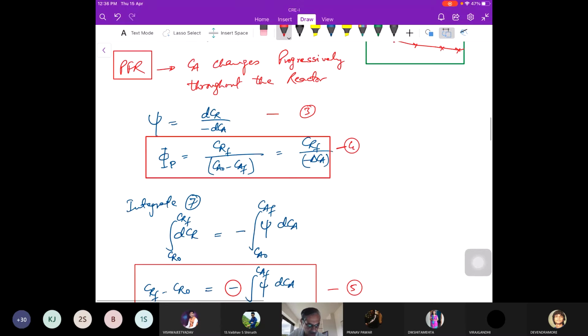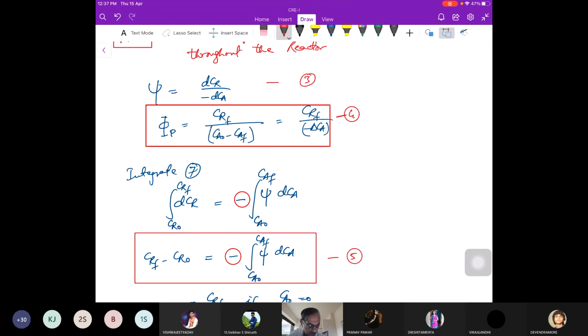So what we do is integrate this. We took dCr, integrated from initial time t equal to 0 to time t, so CR0 to CRF, and on the other side we brought the minus, so it becomes minus psi into dCA, integral from CA0 to CAF.